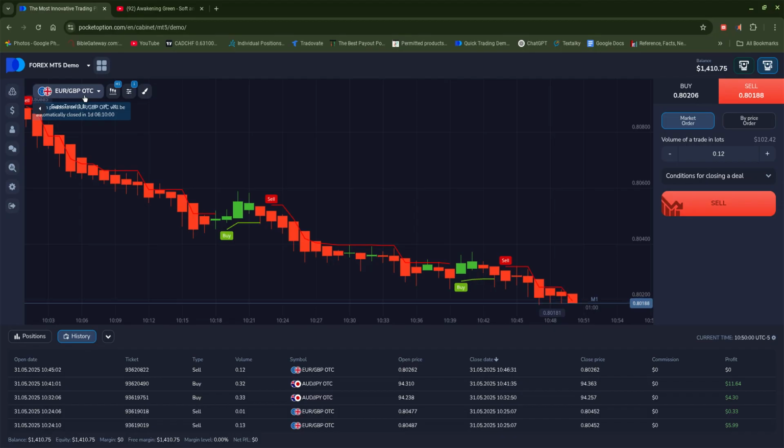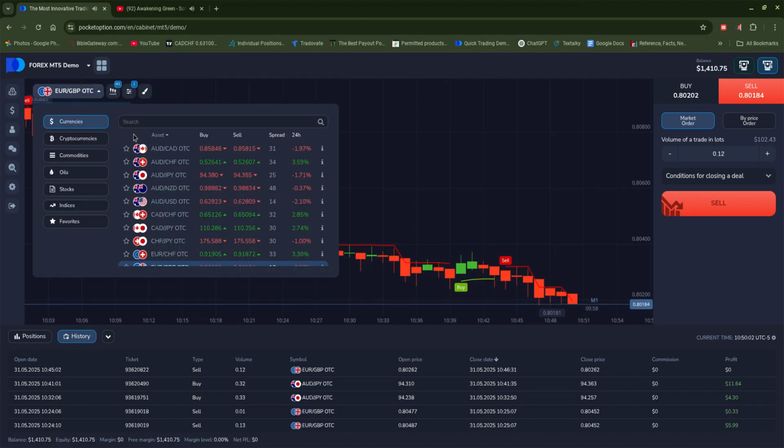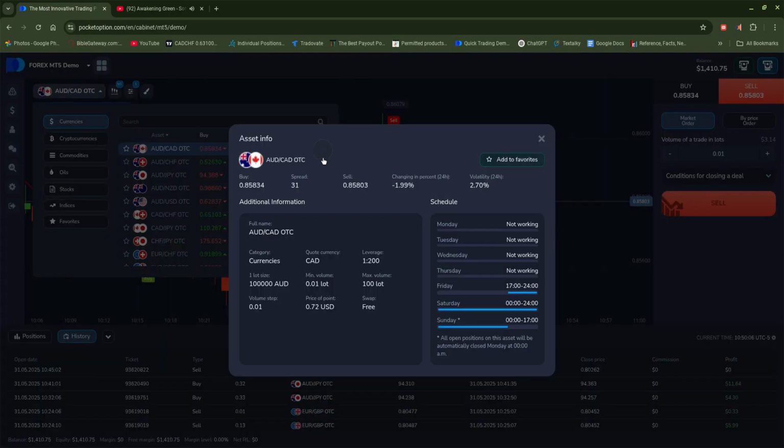You can go to any currency. We can click on it. Super low spreads. That's what I like. So 31 point spread. It's not too bad right here because you can see all the movement. The volatility is almost 3%.